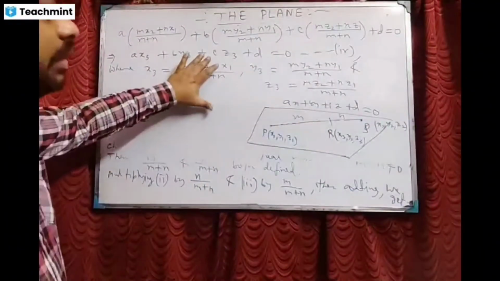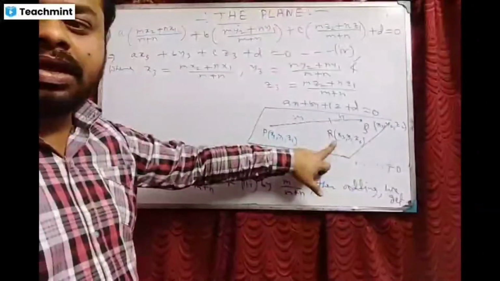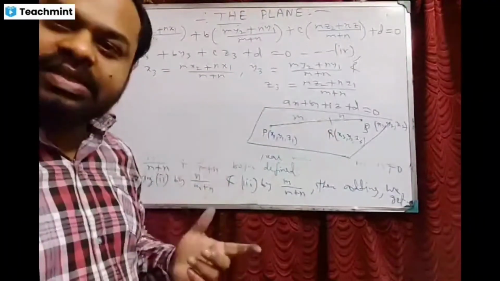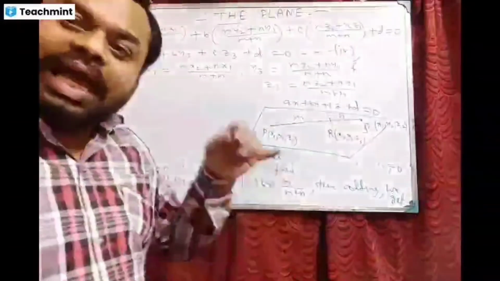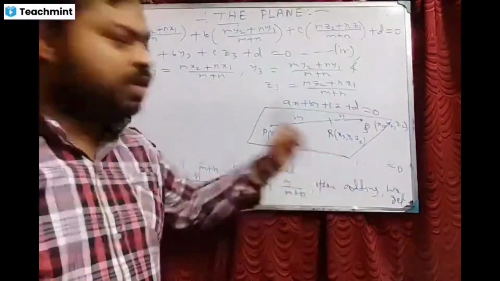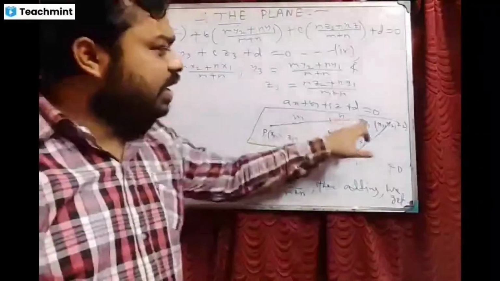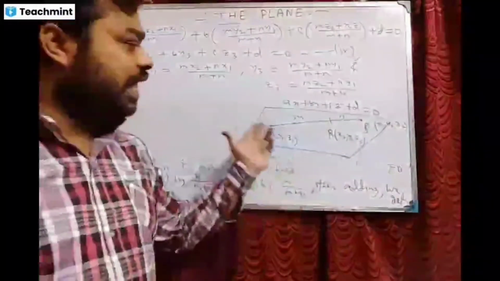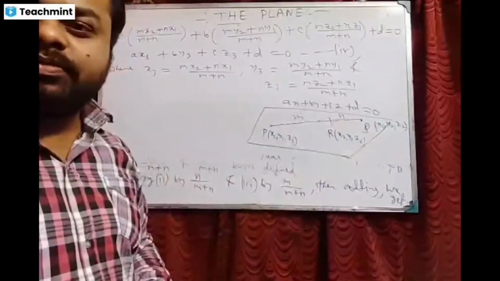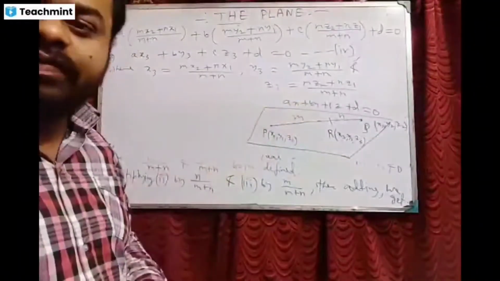And that means any point R satisfies the equation of surface, and that means the line joining PQ lies wholly on the surface, because R is an arbitrary point, any point of the line joining P and Q. The coordinates of R also satisfy the equation of surface.